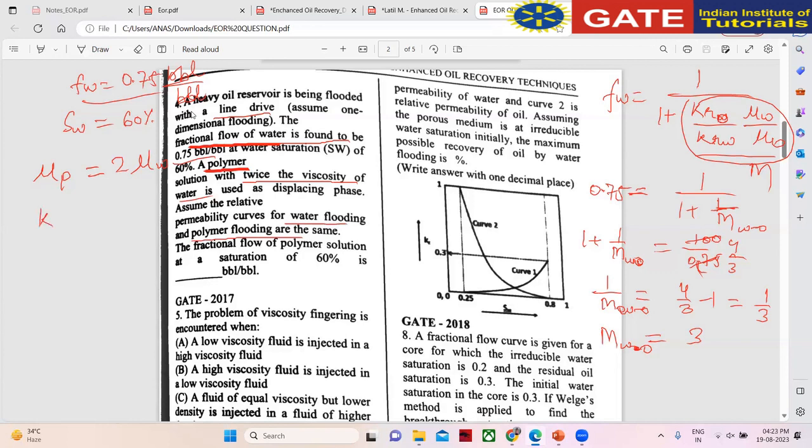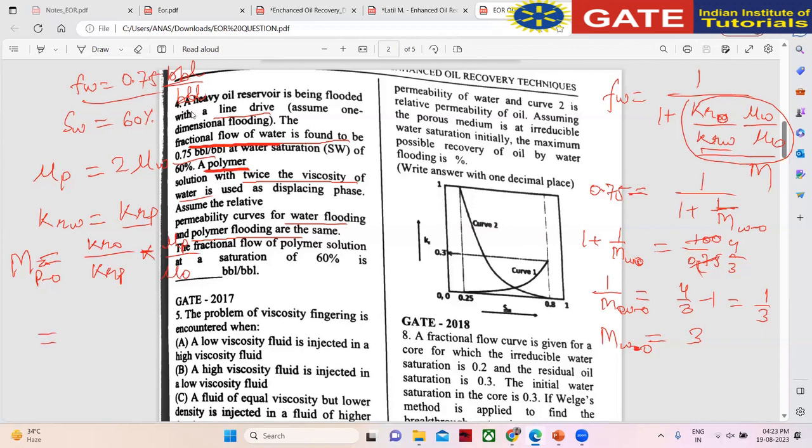So KRW will be equal to the permeability of polymer. Okay. So write the formula of polymer oil system. So you only replace the viscosity of water with the viscosity of polymer: KRO divided by KRP into mu W will be replaced by mu P, and mu O will be same.